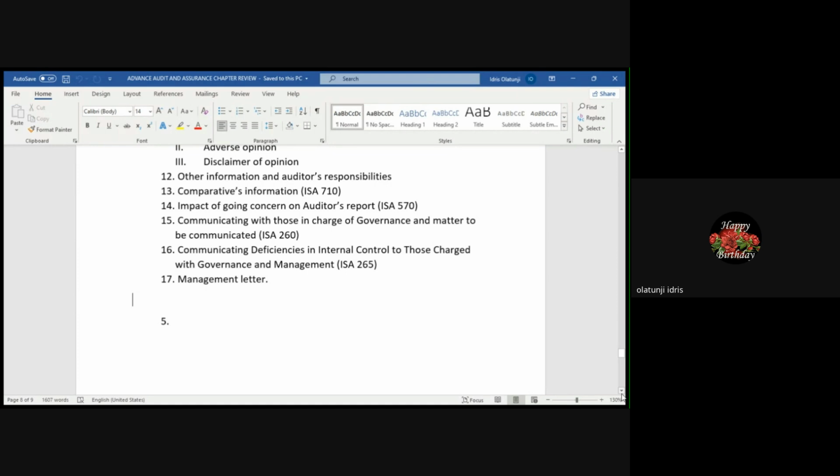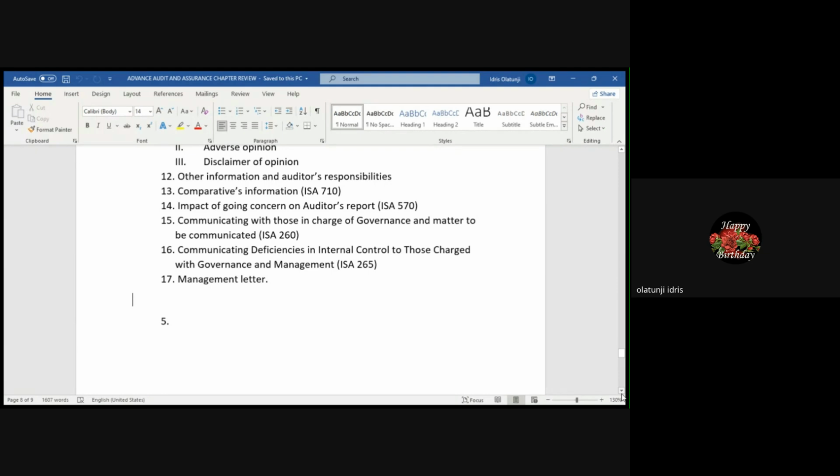Okay, I'm trying to explain the engagement letter. The engagement letter is the letter sent by an auditor to the organization or the client well before the audit work, for the organization to give out some information. That one comes in first.